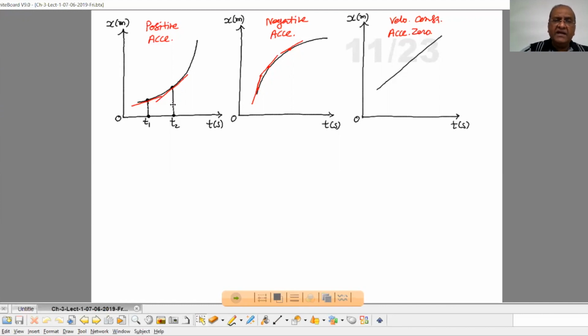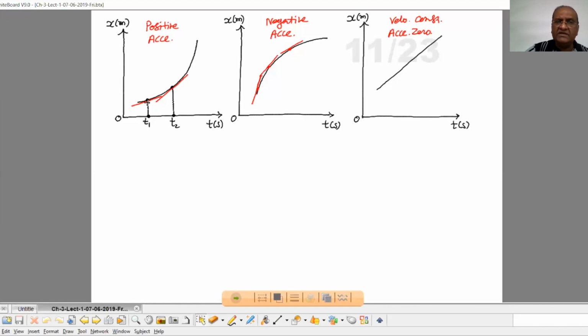Then after, at time t2, the point on the graph is this one. Again draw the tangent as shown in the figure and find the slope. So the slope of this upper line is more steep than the first one. So the slope of this line at instant t2 will be greater than that of this tangent at time t1. It implies that this final velocity is greater than the initial velocity.